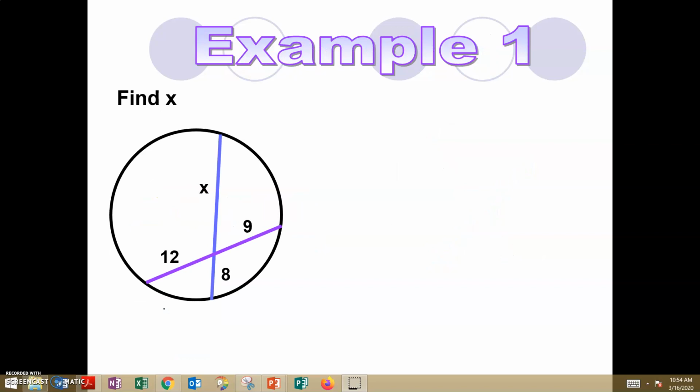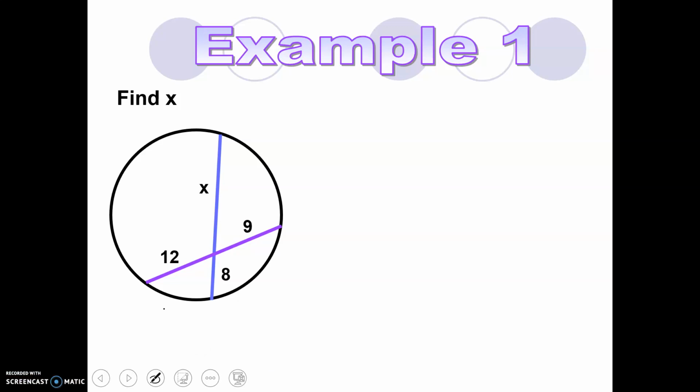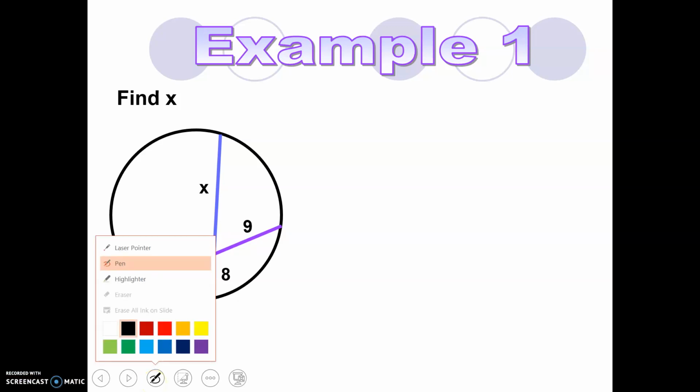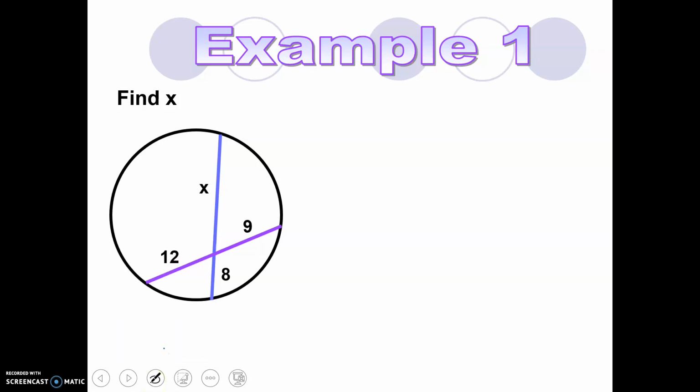So let's go ahead and apply this Segments of Chords Theorem on this problem right here. What we are going to do is multiply 8 times x, and this is going to be equal to 12 times 9.